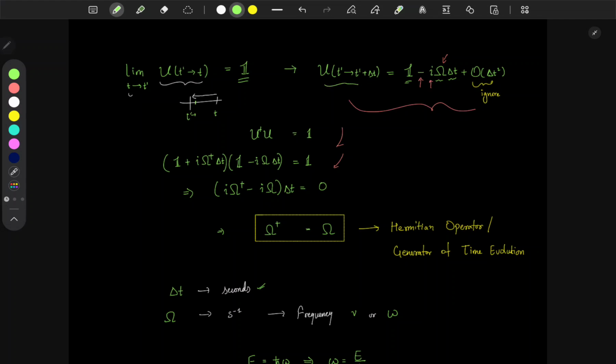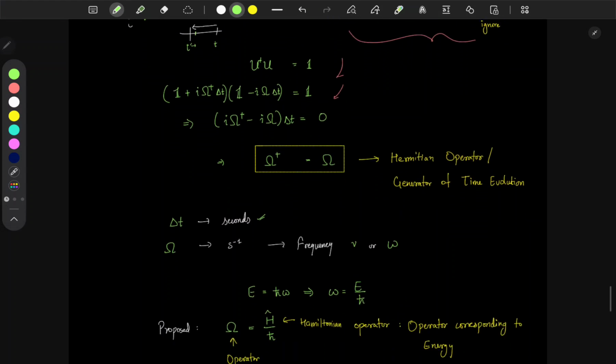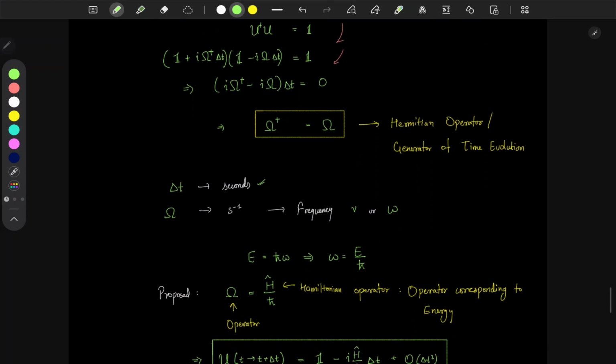In fact, the operator doesn't have any dimension. So this entire term shouldn't have any dimension, but delta t has. So omega should have the inverse dimension, that is, inverse of the second. And what is that? Hertz, which is the dimension of frequency. So this omega is related to the frequency.